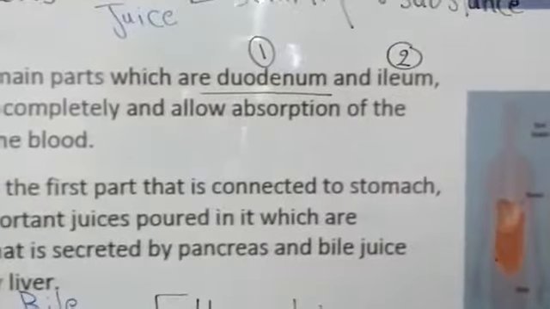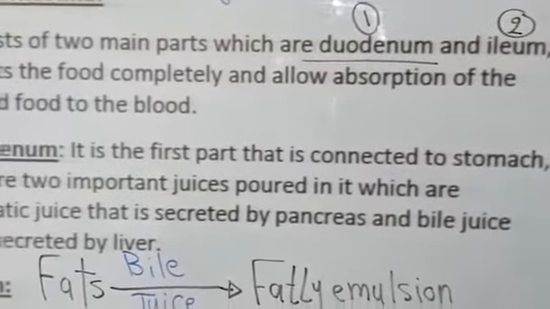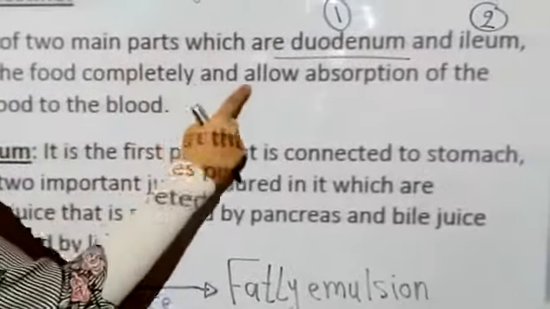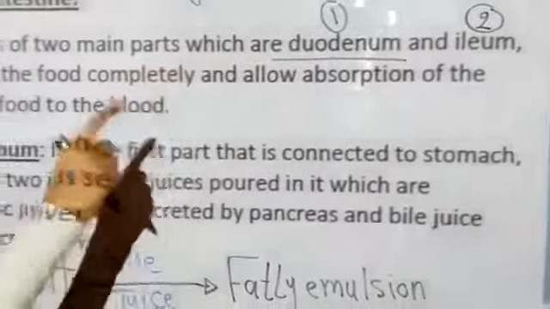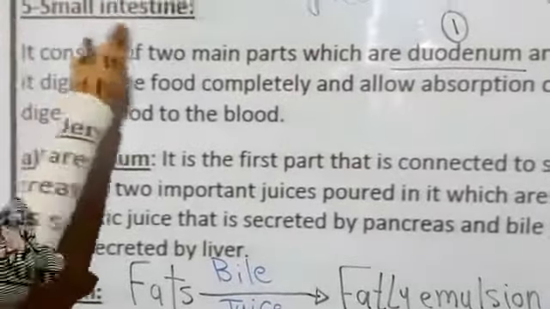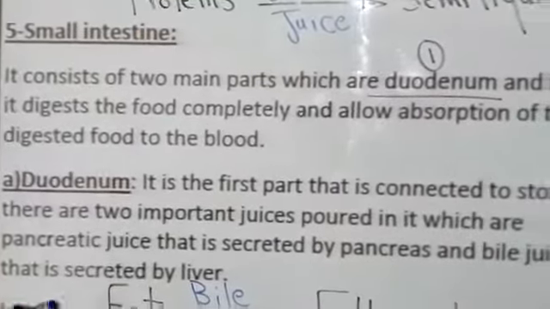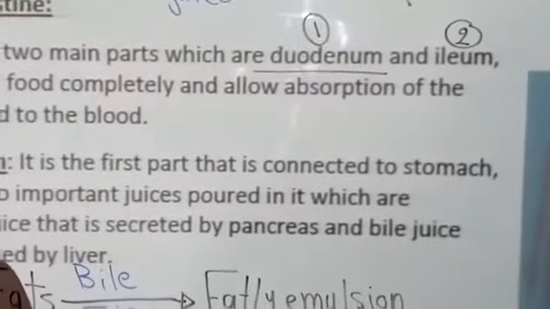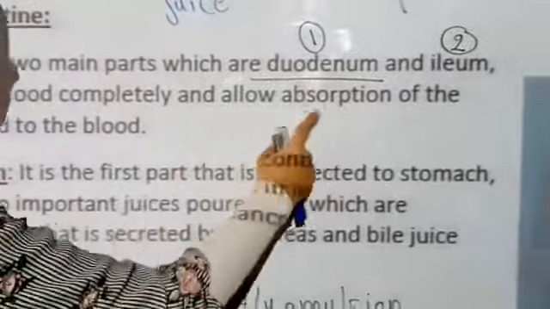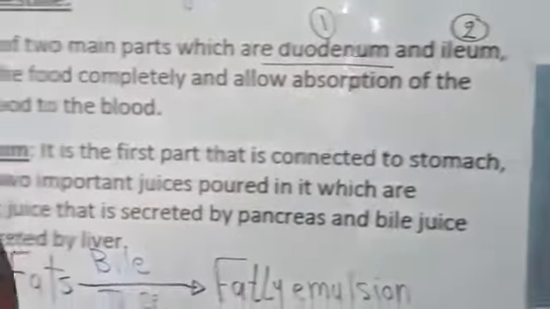It digests the food completely and allows absorption of the digested food into the blood. Inside the small intestine, we have 2 processes. Number 1, completing the digestion process, and number 2, the absorption process.